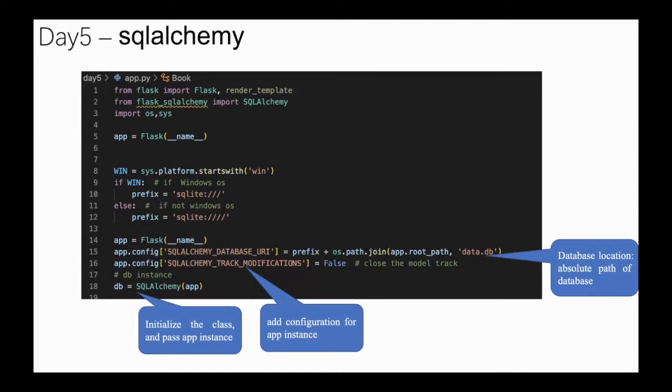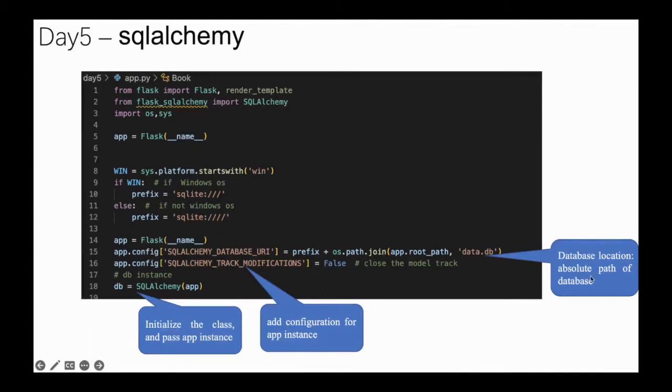In order to use SQLAlchemy, you have to first import it from flask_sqlalchemy, importing the SQLAlchemy library or class. And then you have to define your database path.